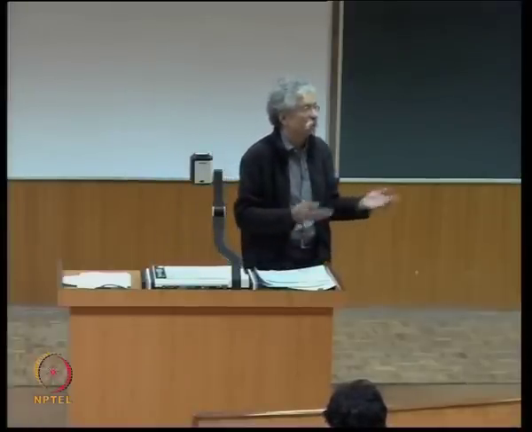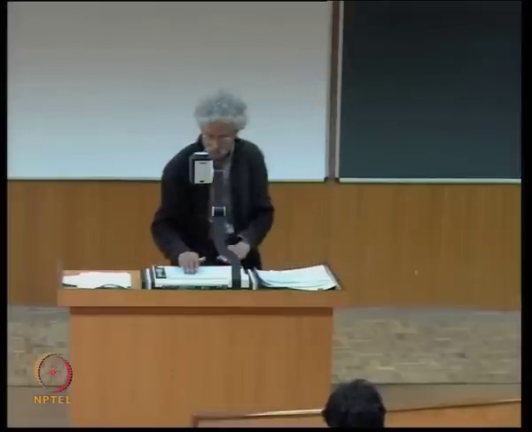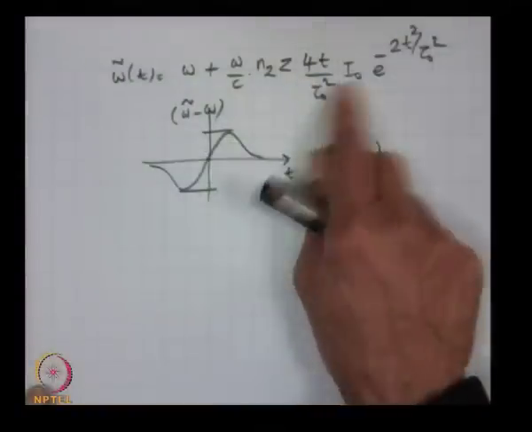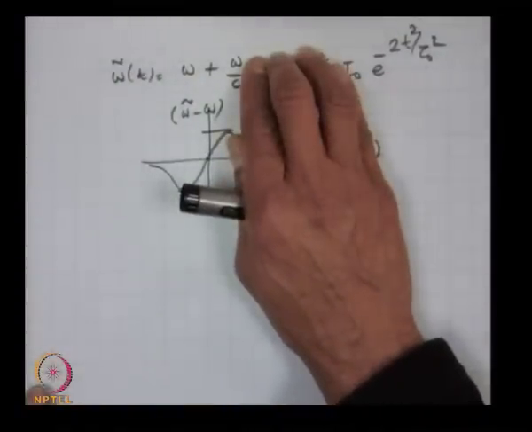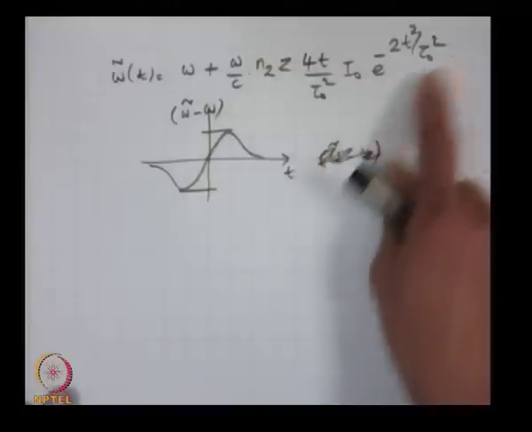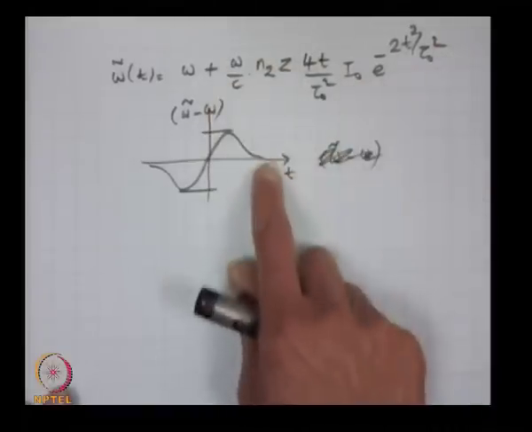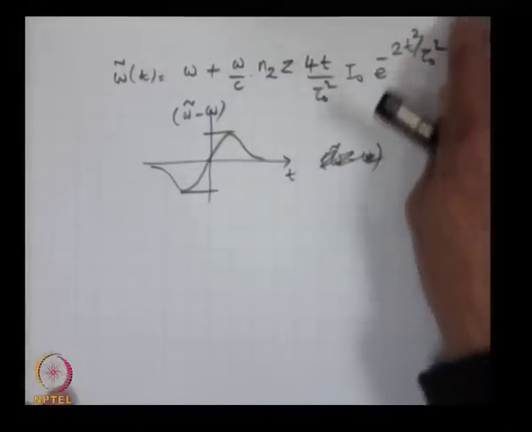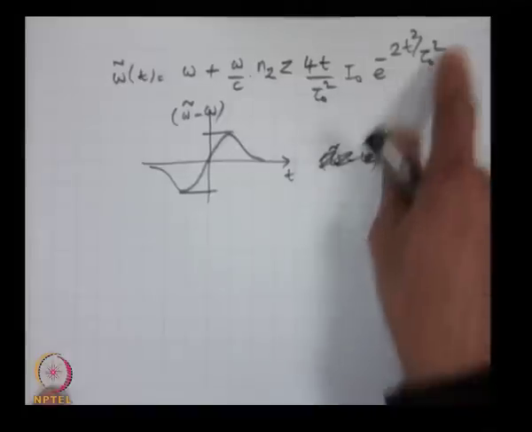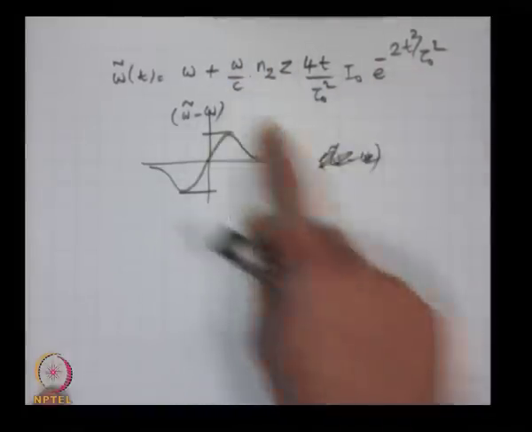So I'm estimating from this quantity, because this quantity must finally be related to the increase in spectral width. If this quantity is 0, if N2 was 0 for example, then this is not there and the pulse has a certain spectral width. The instantaneous frequency does not change with time. The presence of this term, which means there is chirping in the pulse, tells me that the frequency spectrum has increased, and the increase must be related to this quantity. By how much?